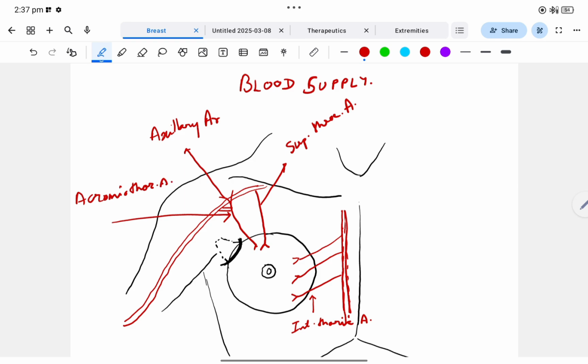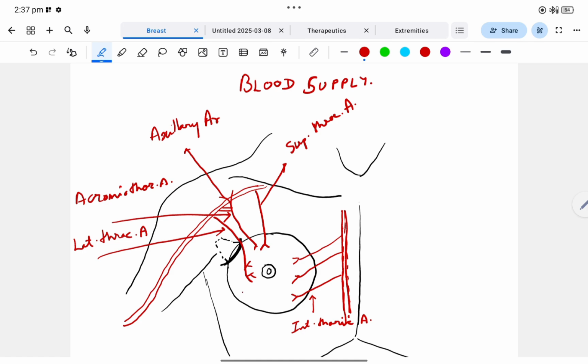And the third branch is the lateral thoracic artery, which arises from here. Now this is the lateral thoracic artery. So these three branches arise from the axillary artery.